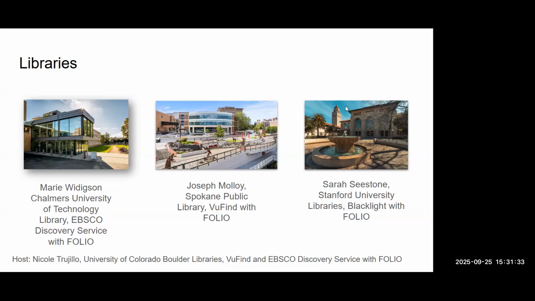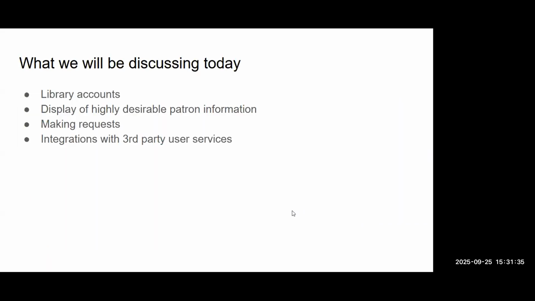And today we're going to be talking to you about user accounts. How do your users, your patrons, interact with your library and therefore with your Folio system and its many components? What do you consider highly desirable patron information? How do you display that?